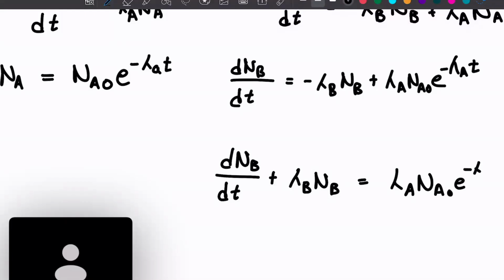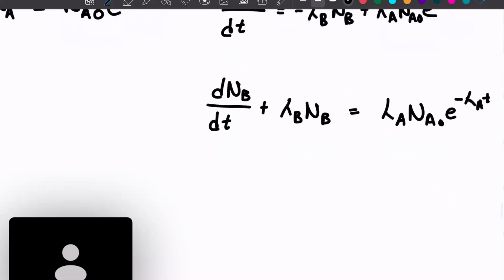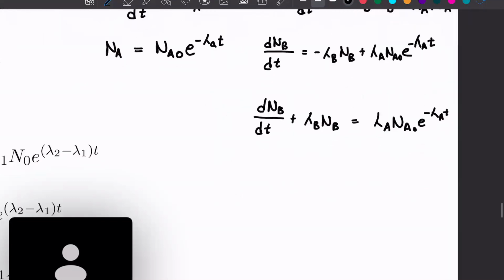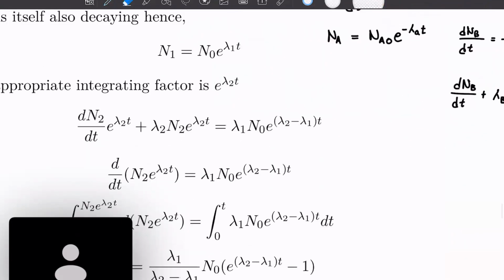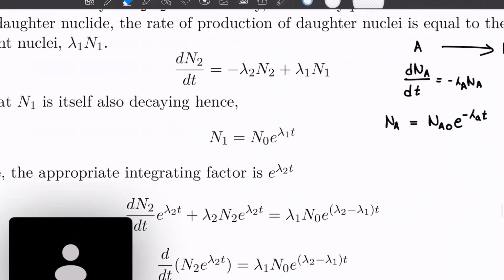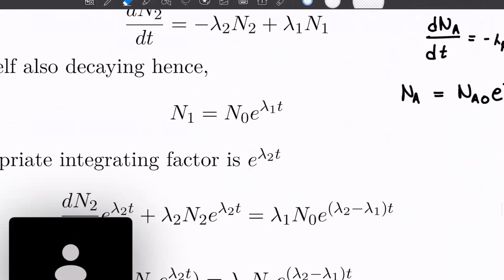Then what you do is you multiply both sides by e to the power of lambda_B t, and you would see why that is the case soon. Maybe you can just follow the steps. So we multiply by e^(lambda_B t) here.